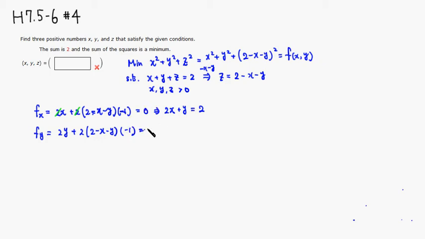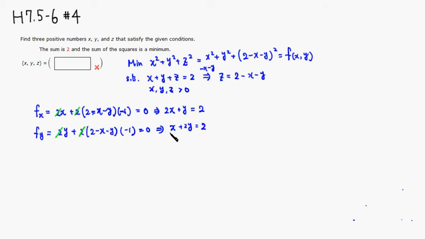Set that equal to 0, and divide through by 2. If you simplify this, there's x there, and then you have y plus another one, so 2y is equal to 2.